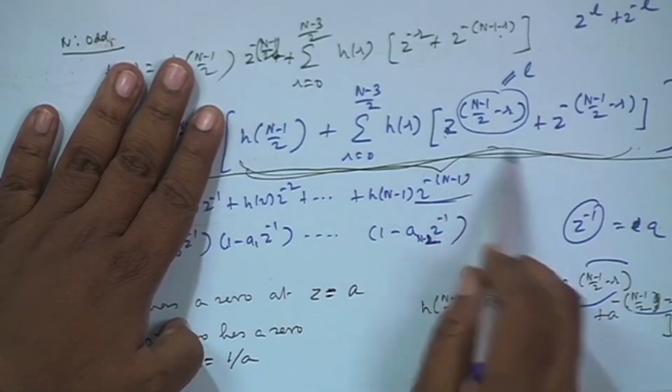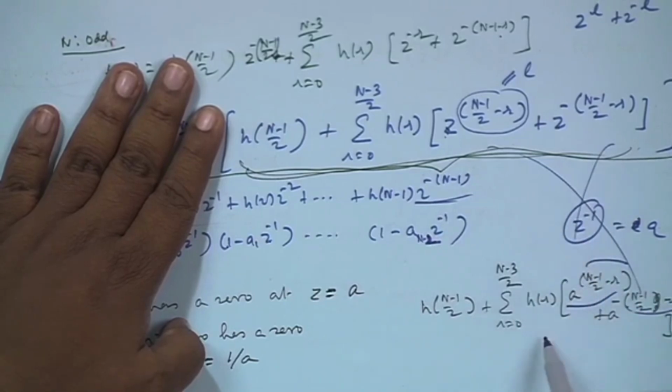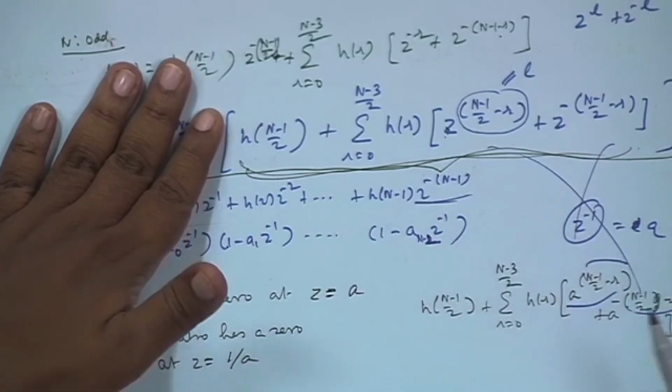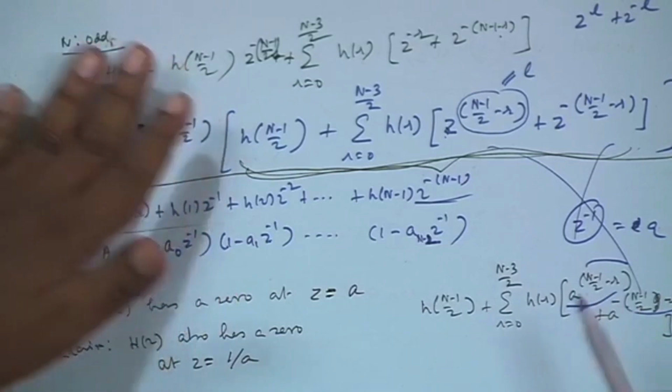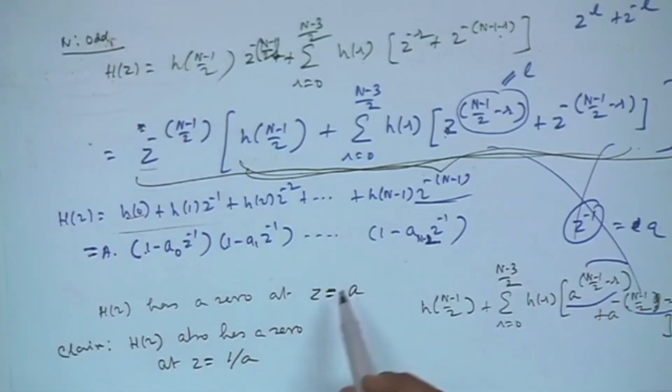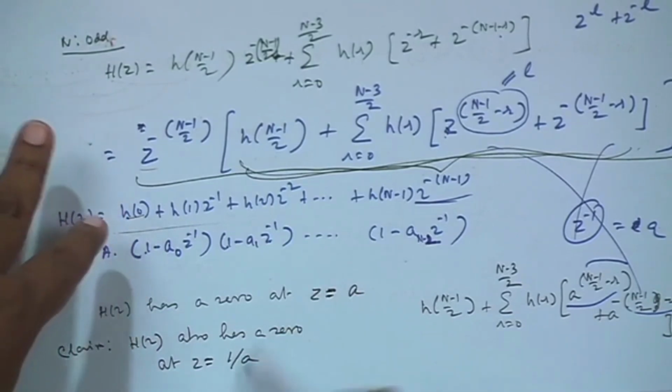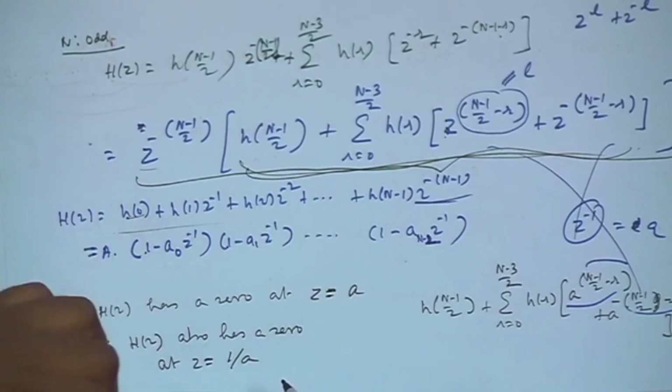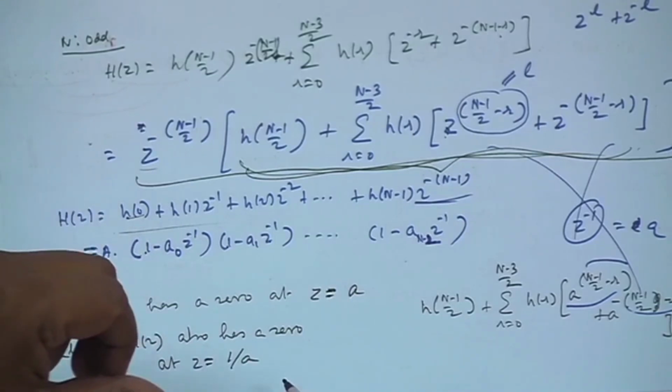Okay. So, this will go here, this will go here, and the summation remains the same, so it will become 0. Okay. So, this proves the claim that if it has a 0 at z equal to a, then it has a 0 at z equal to 1 by a. Okay. So, they are a reciprocal pair. Zeros of a linear phase system are a reciprocal pair.